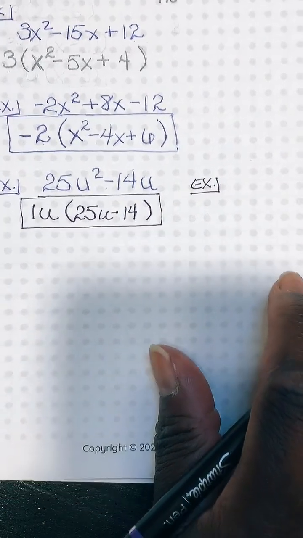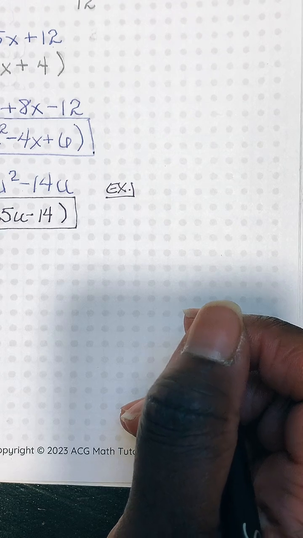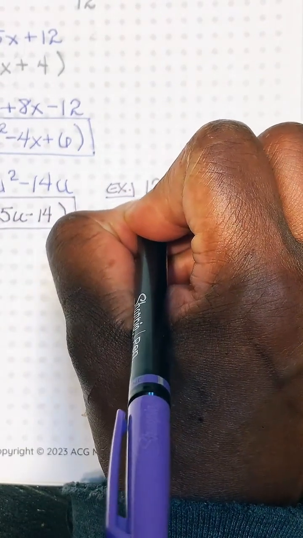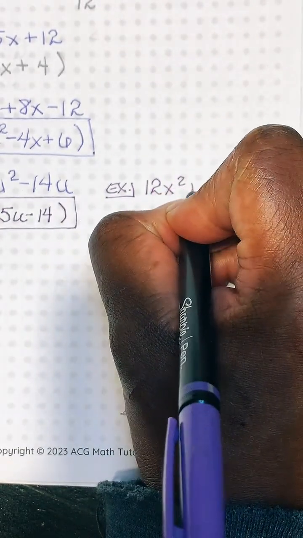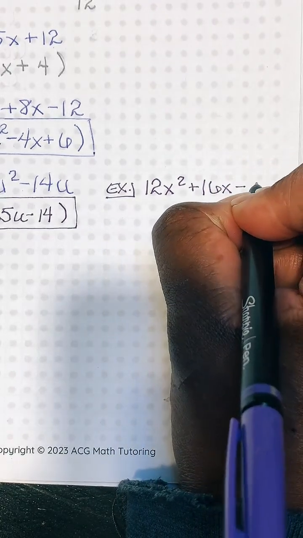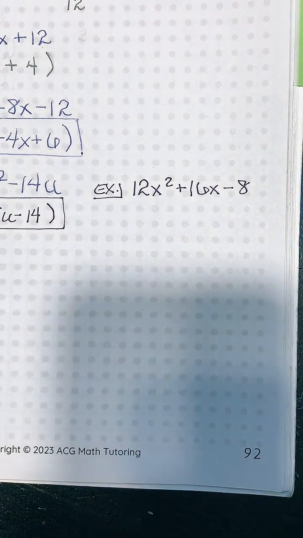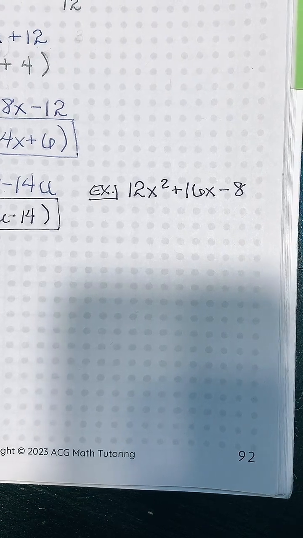So let's see if we can do 12x squared plus 16x minus 8. Can you see that? Okay. So 12x squared plus 16x minus 8.